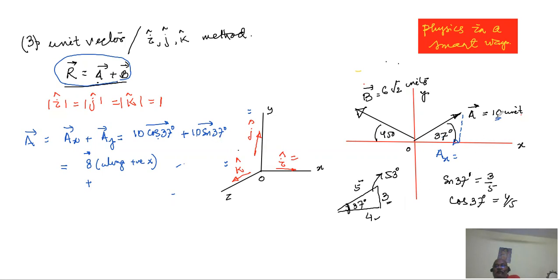When you multiply with 10, that becomes 6. That will be along positive y direction, along plus y. But you know, writing in such a lengthy way, this I cap and j cap and k cap will be helping us. Simply we write vector's x component as 8 I cap and vector's y component as 6 j cap. I think you understand.